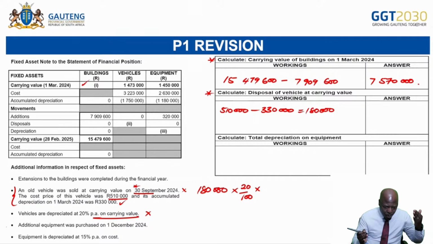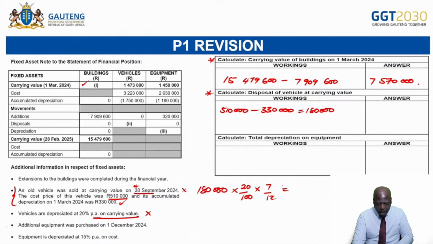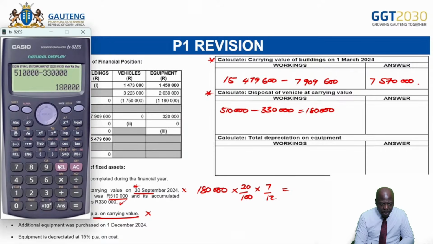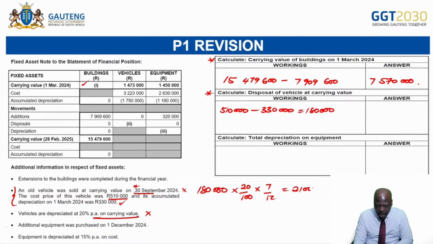Because here they tell us it was disposed on 30 September. So we're dealing with 7 months. 7 over 12. And then if we come here, we're going to say 180,000 times the 20%. Divide by 12 times 7. So it's going to give us 21,000. That's the depreciation for the year.